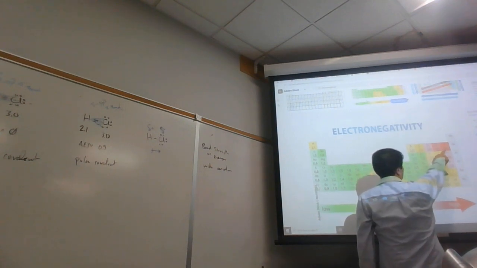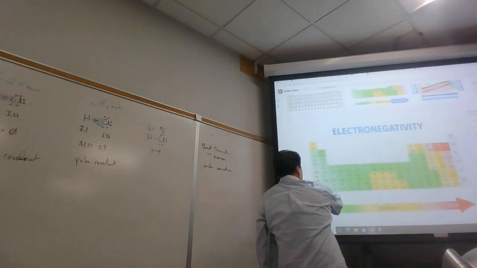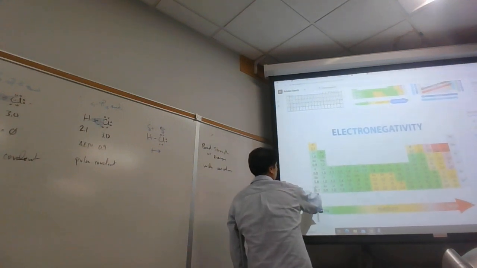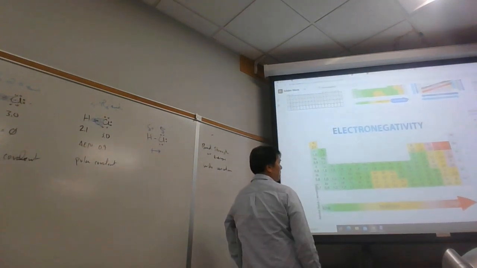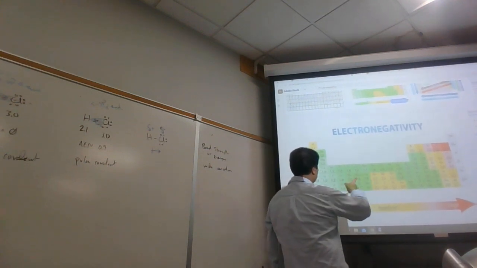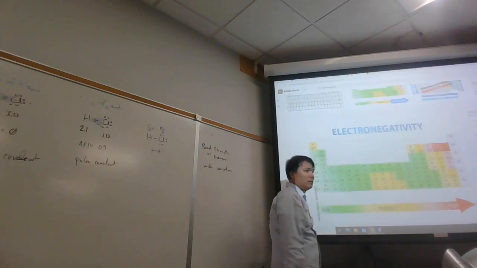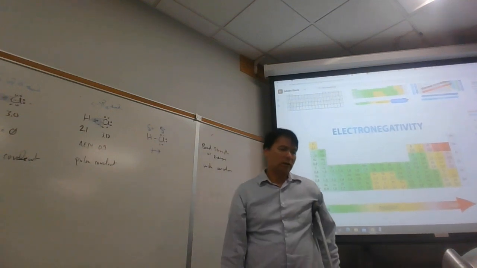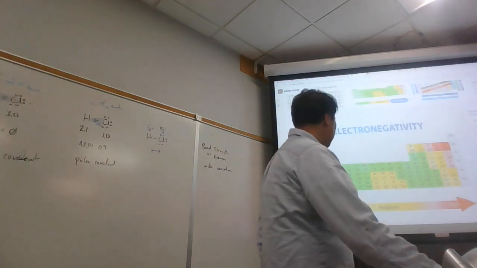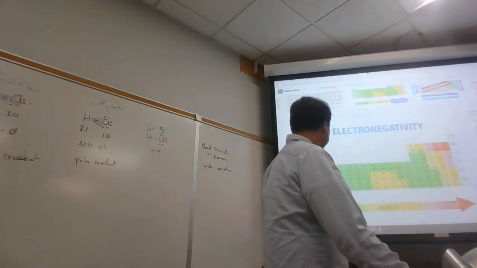But the most electronegative is fluorine. The least electronegative would be cesium, 0.7. And so the biggest delta EN we can have is 4 minus 0.7, which would be 3.3. 3.3 would be the most ionic. And that would be the biggest electronegativity difference between the two elements.